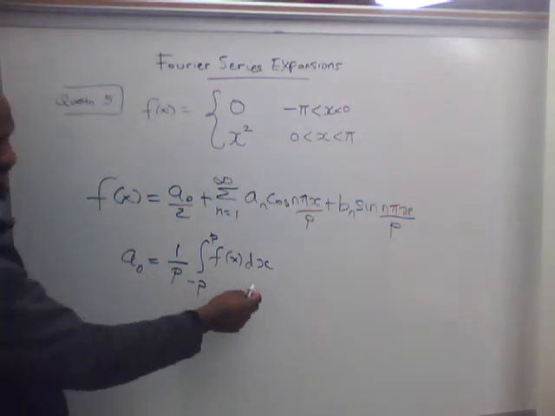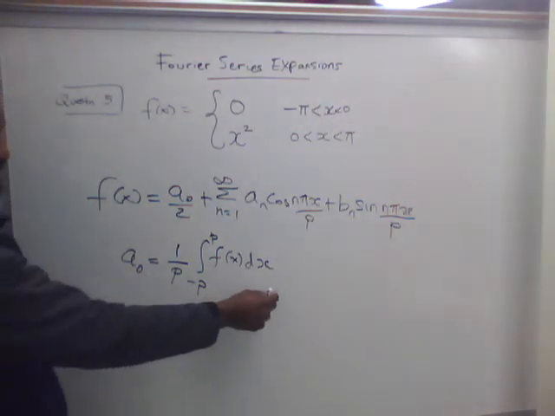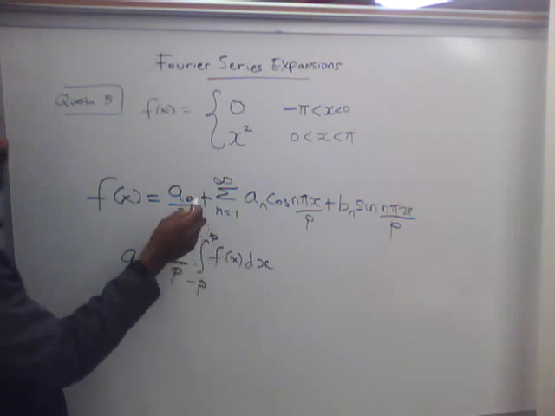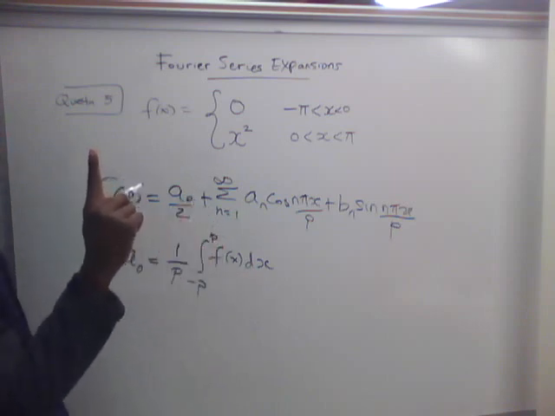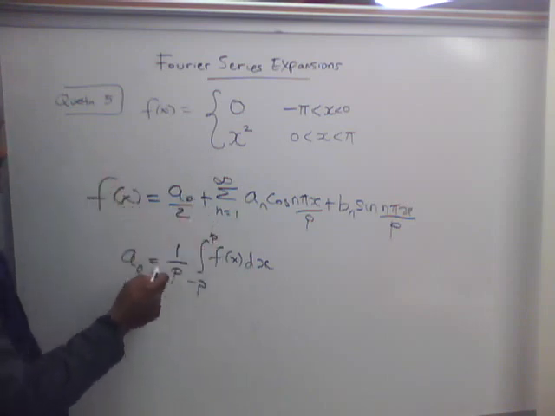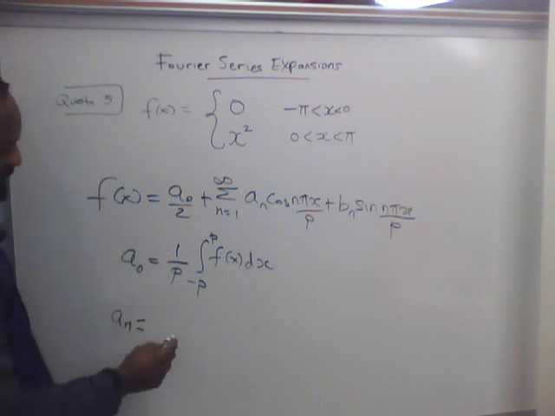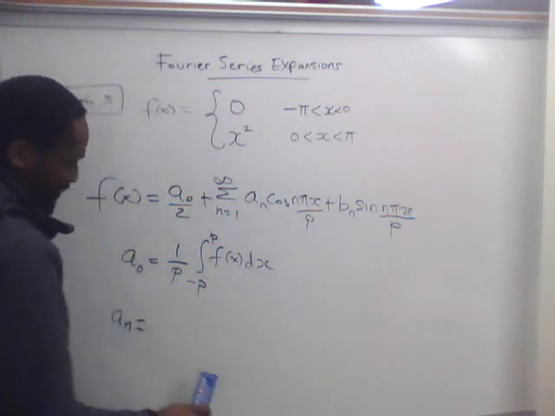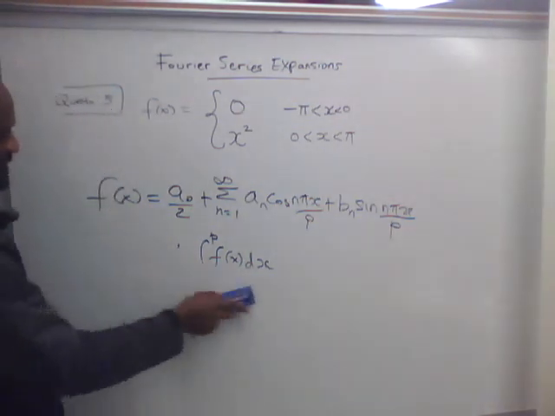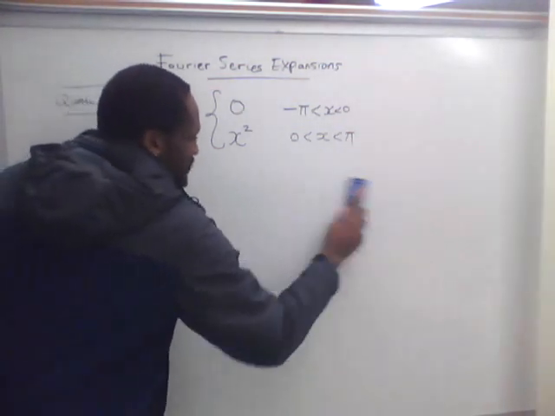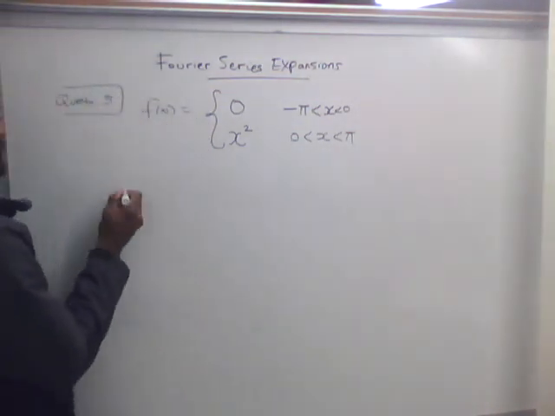Again, this is just the inner product of f of x with 1, the first orthogonal function, divided by its norm. A n was then, well, let's just find out what a0 is real quick.